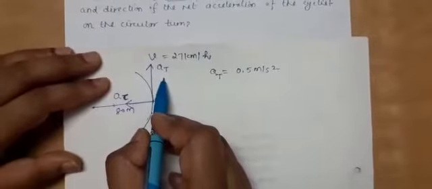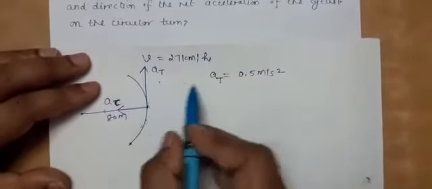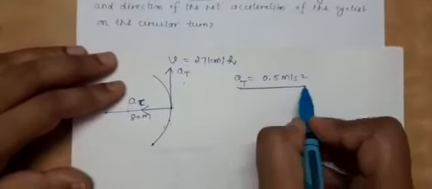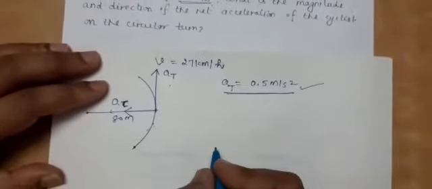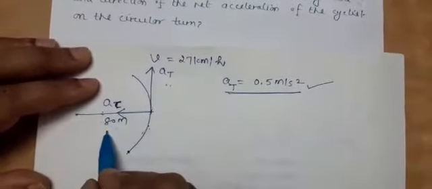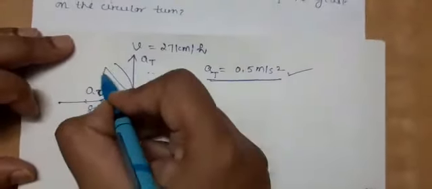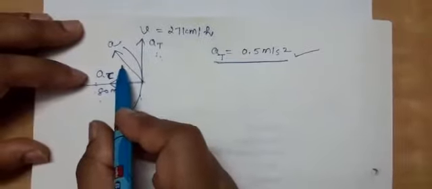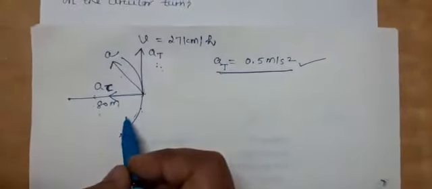As the brakes are applied, speed reduces at a rate, that means due to reduction of speed, this acceleration produces tangential acceleration. Now under the influence of these two accelerations, we have to find the net acceleration, that is the resultant of AC and AT. We have to find its magnitude as well as its direction.